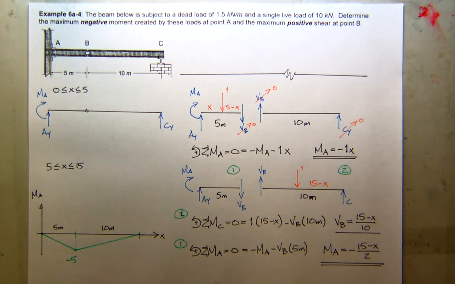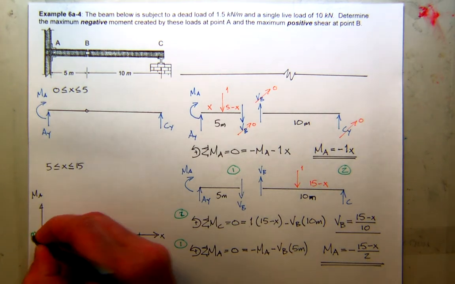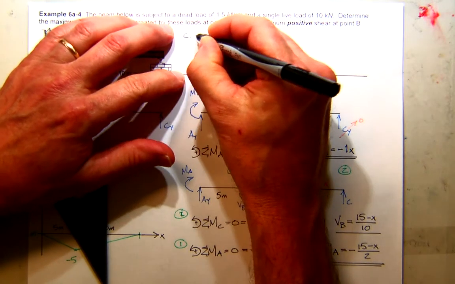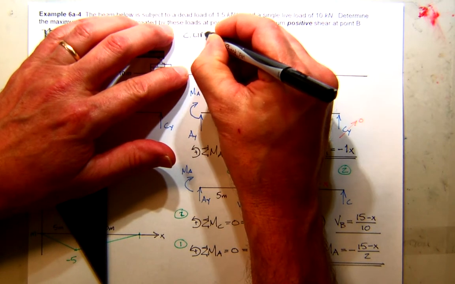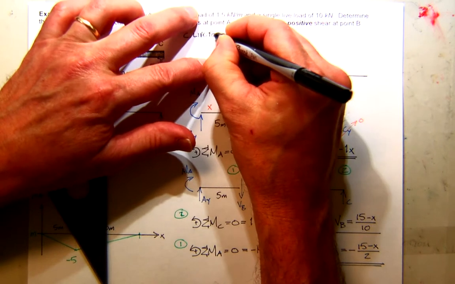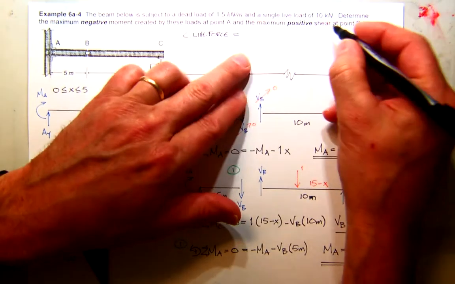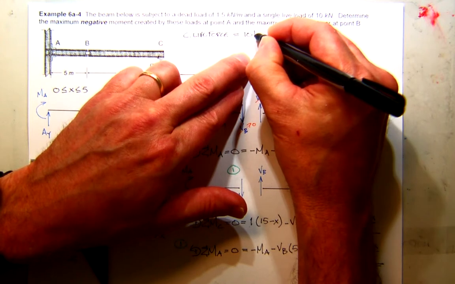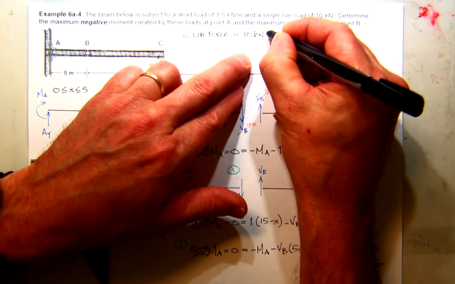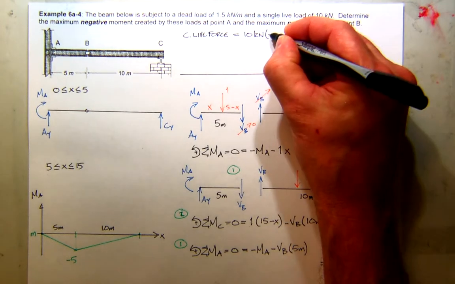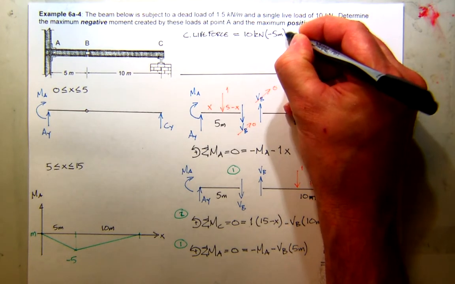I did leave off the units here. This is in meters. So my concentrated live force is equal to 10 kilonewtons times minus 5 meters.